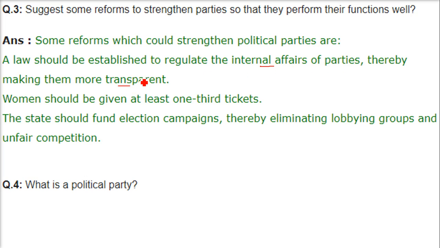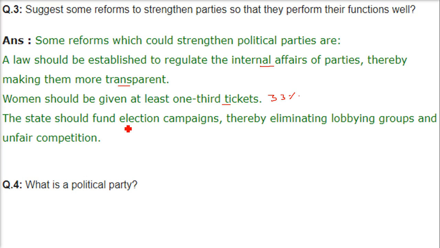They must keep the records of the Sadasya, or the people who belong to that party, and the information should be passed to these people, and everyone should have equal chance of coming to the higher post. And women should be given at least 1/3 tickets, that is around 33% tickets should be given to the female candidates.